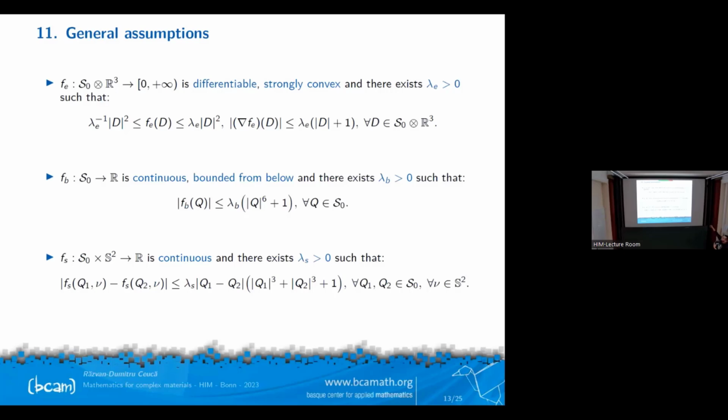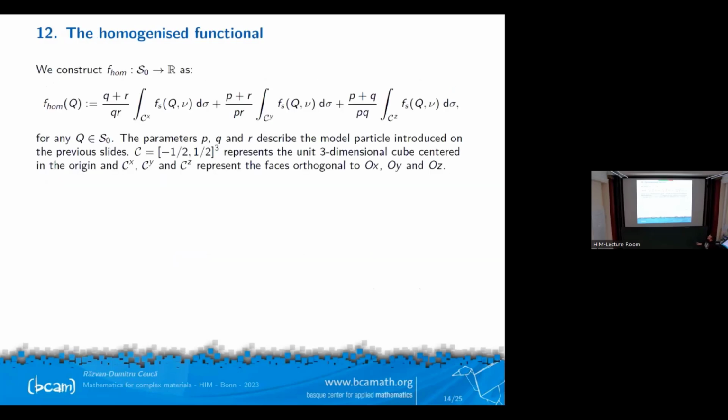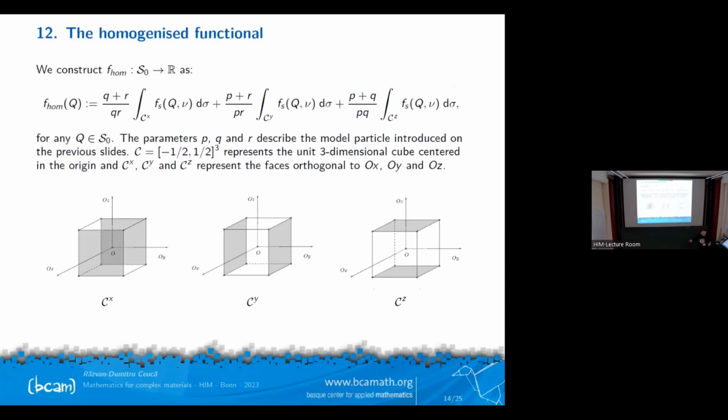Now that we have put the general assumptions, we can present the homogenized functional, because we haven't yet discussed what this homogenized effect is. Earlier we discussed that for the interconnecting particles, we only have 4 faces in contact with the nematic liquid crystal. Therefore, we expect in the limit some sum of integrals over the faces of a cube in the direction of x, y, and z.